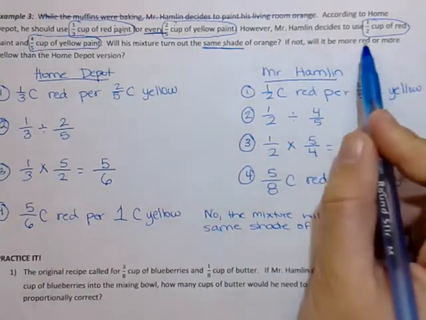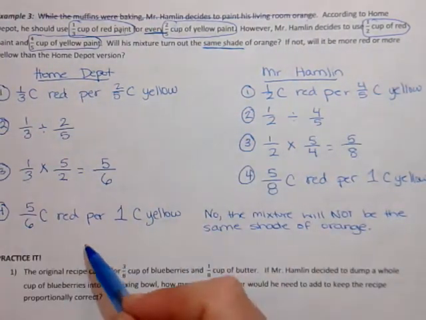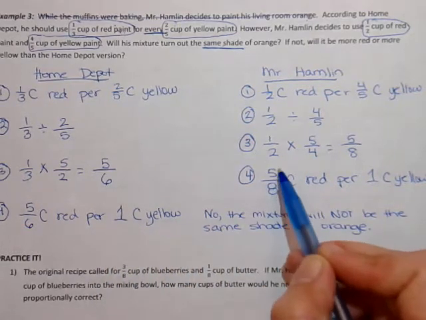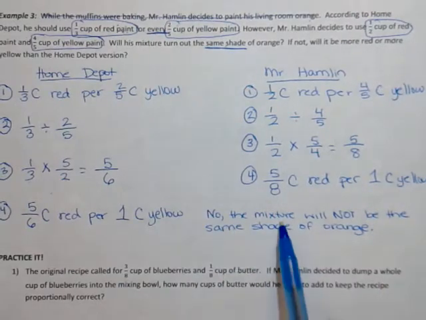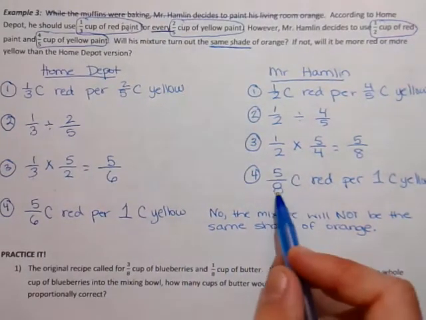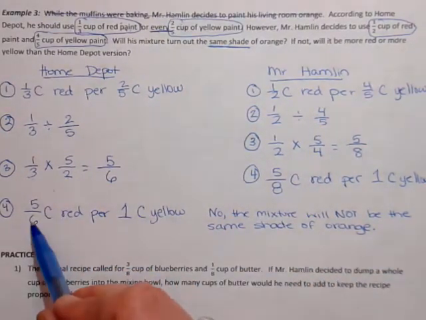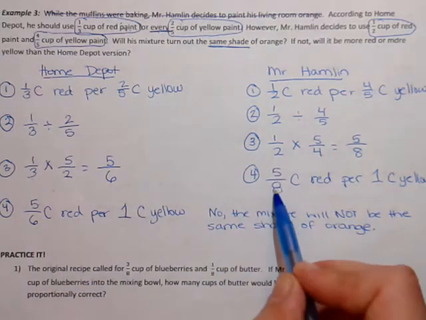Then it asked, will it be more red or more yellow? Well, we're thinking about 5/8 and 5/6. We know those are not equivalent fractions. They're not the same, so it's not going to be the same shade. Which one is bigger? Is 5/6 bigger or 5/8?